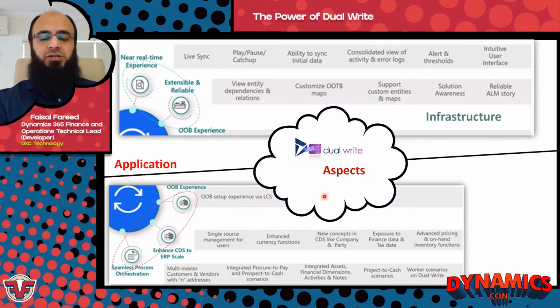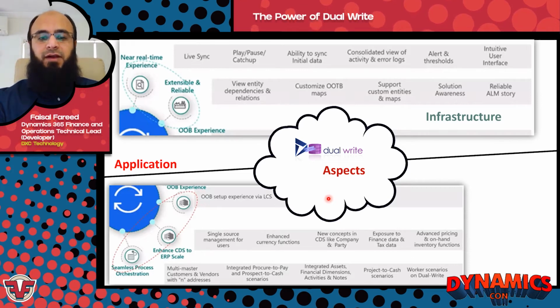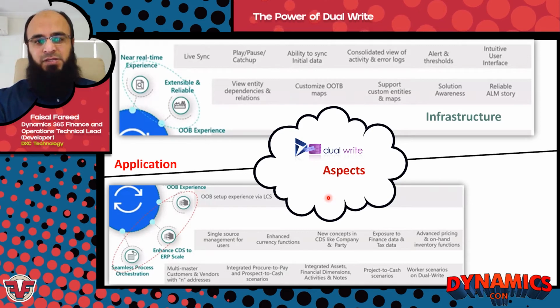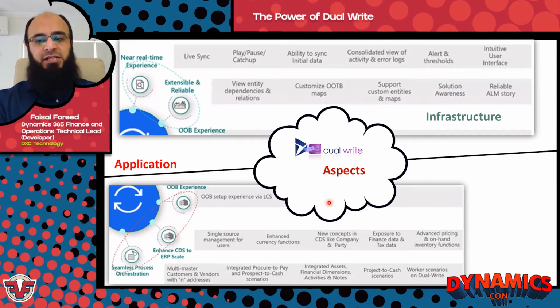The application aspect of dual write is the features. What features are available from the finance and operations side and the customer engagement side? The hottest topic nowadays, the latest feature Microsoft is working on, is having the party concept in customer engagement.